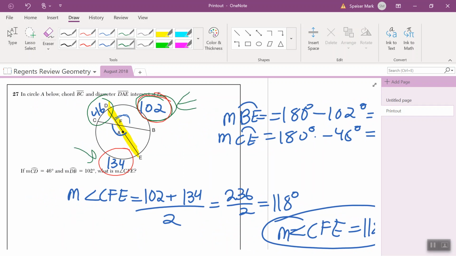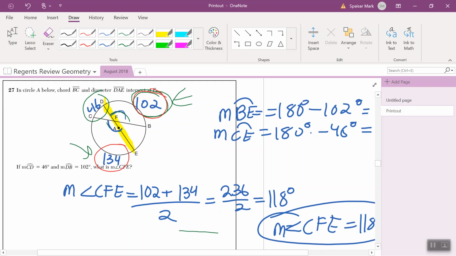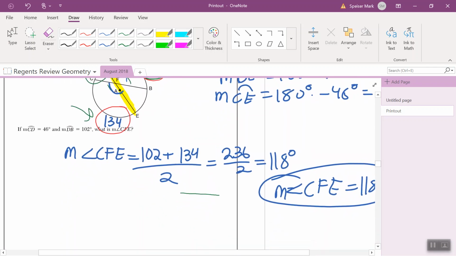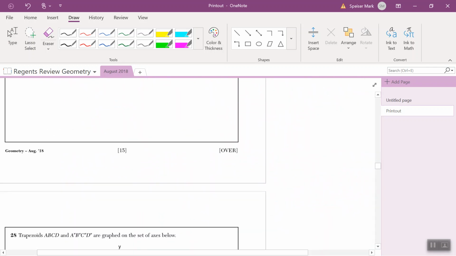Just take the sum of those two arcs, 102 plus 134 degrees. You get 236 degrees. You divide by 2, and you have 118 degrees. So angle CFE is 118 degrees. On to the next question.